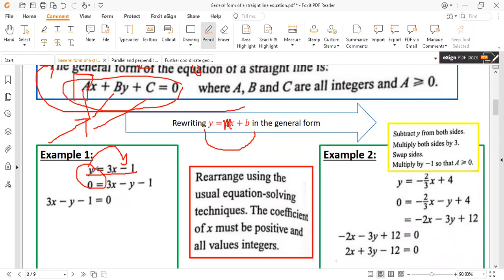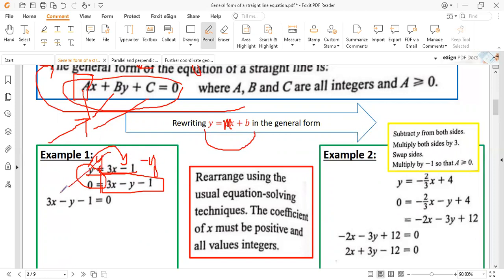When we move y to the other side of the equal, we get the opposite of this term. Moving y will obtain minus y. Or, as I said before, we subtract y from here and y from here.